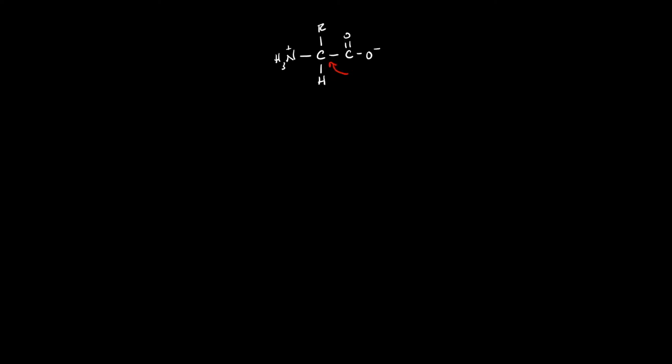So if we look at our alpha carbon, again, our central carbon, we can see that we have 4 different groups attached to it. And that's the case for all except one of our amino acids. So you might remember from organic chemistry that this means that this is a chiral center. So there are 2 different ways that we can arrange these 4 different groups around the central carbon.